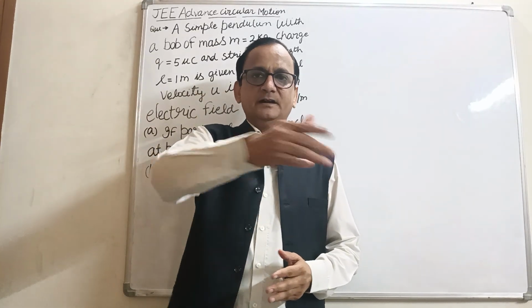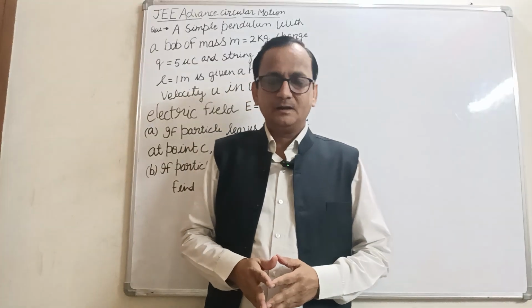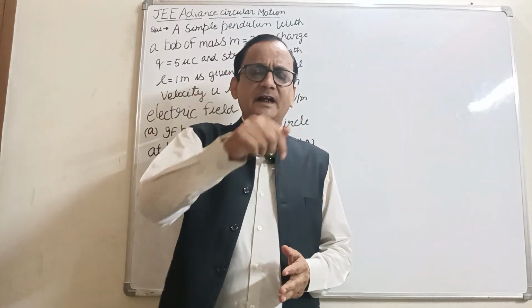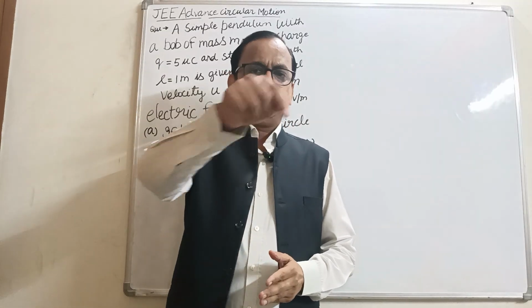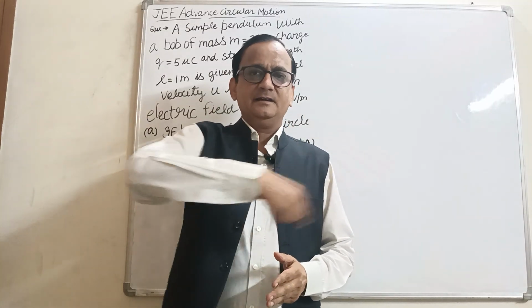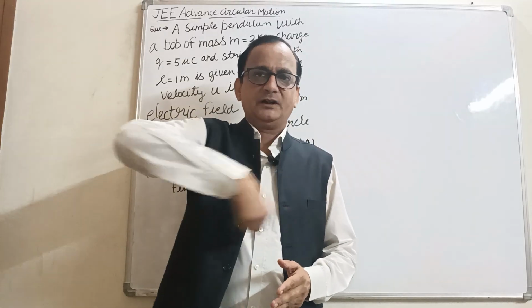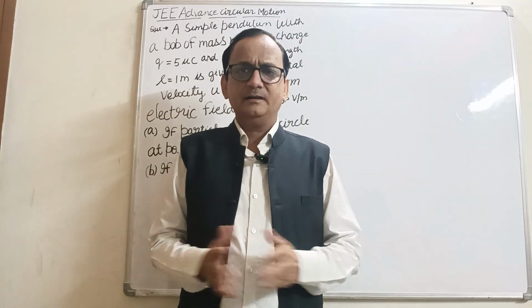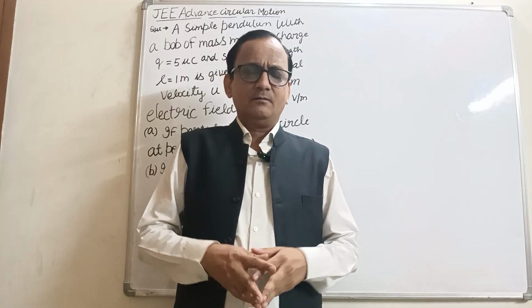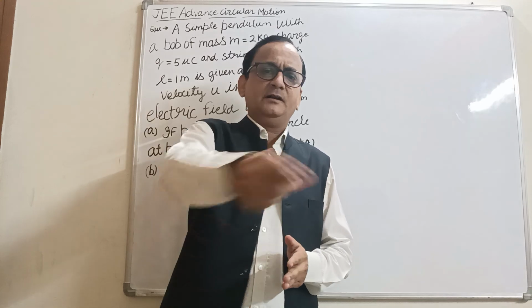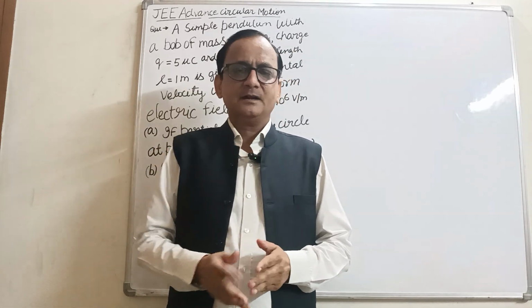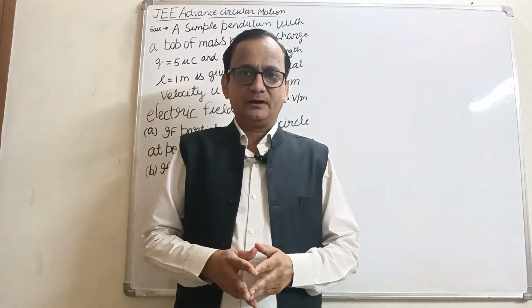So the motion would be uniform circular motion, because the gravity of the bob having mass m acts downward, perpendicular to the plane of motion. So gravity does not influence the velocity of the object. This motion in a horizontal plane would be uniform circular motion.